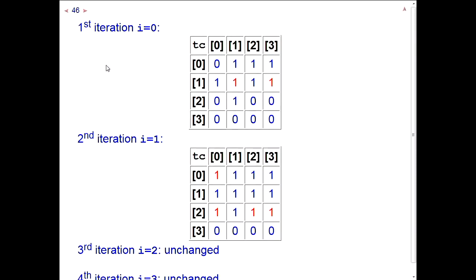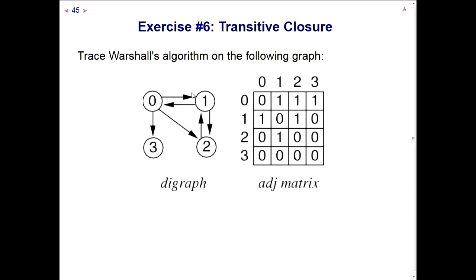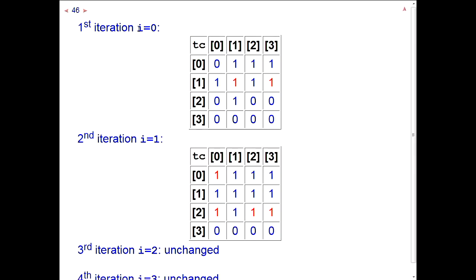To determine when the algorithm would have reached the transitive closure, you could, for example, look at the graph, and you can check whether there are any paths that use more than these nodes 0 and 1 that are in the transitive closure but don't go via 0 and 1. And you see there's no other path in this case, and therefore, by inspecting the graph, you would know that just by considering 0 and then considering 1, you have already reached the transitive closure.